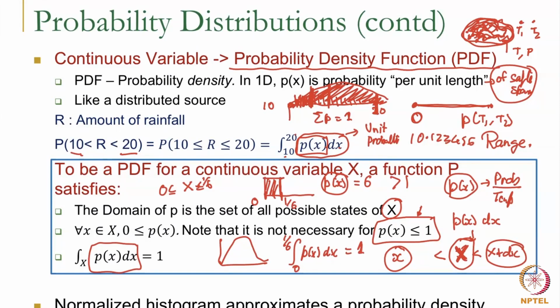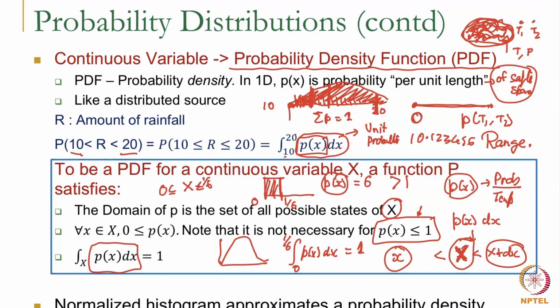It's a relative quantity. What p of x talks about is how much more likely it is for me to find the random variable here in this space rather than somewhere else. That is all it really means. So you should not give direct value to p of x. You can only comparatively look at p of x versus somewhere else.